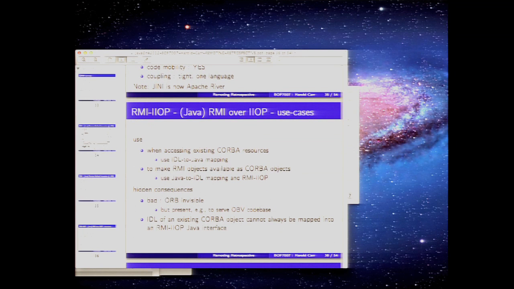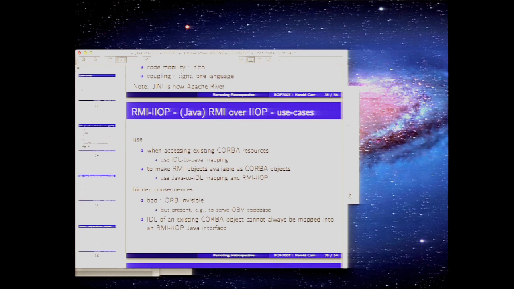Okay, so then the OMG came along again and says, oh man, just as we were getting everybody to really pay attention to us, Java comes and says, here's this better thing, and everybody loves Java. It's so much easier to code in, which is true just from automatic garbage collection alone. But when they added the RMI thing, oh man, how do we get the people to come back to us?